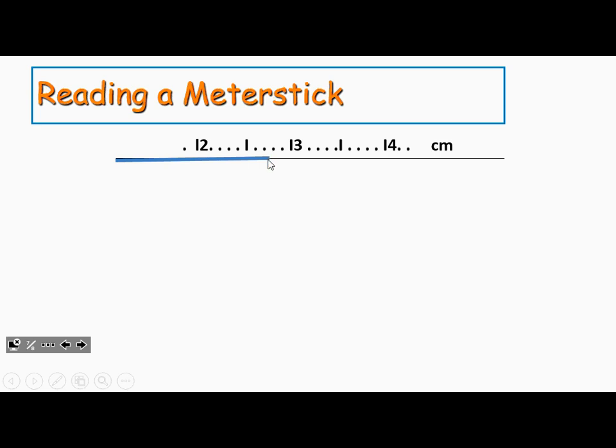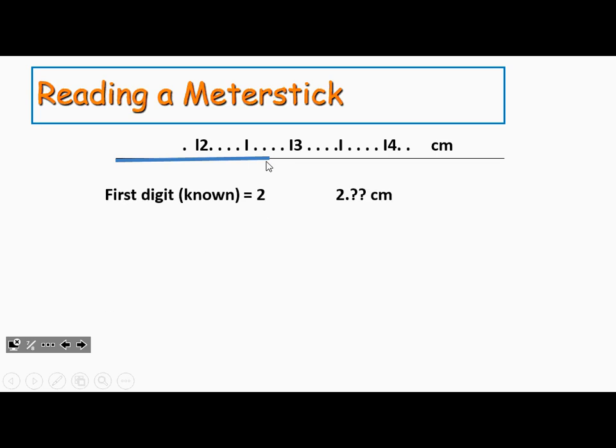So, what would you call this number right here? What would you call that number there? 2.7. Is it right on that dot? It looks to me like that's in between the two dots. So I would actually call this 2.75.